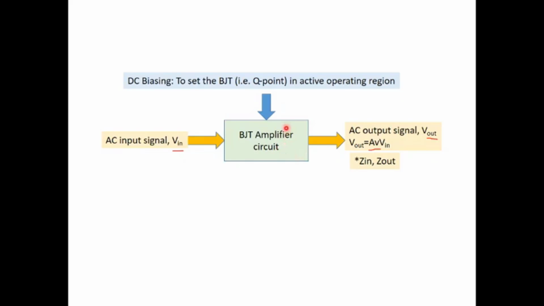Specifically, the Q point refers to the values of IC and VCE. So we have ICQ, which means the collector current at the Q point, and VCEQ is the voltage across collector emitter at the Q point.